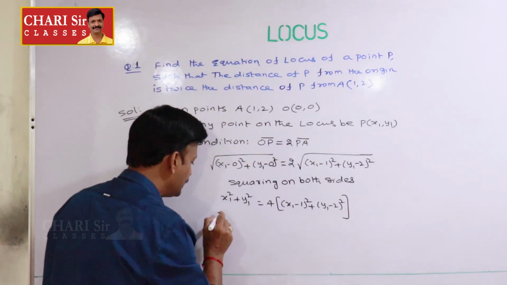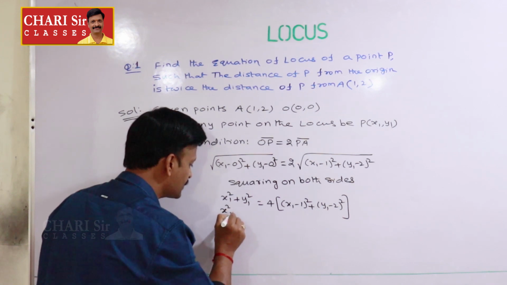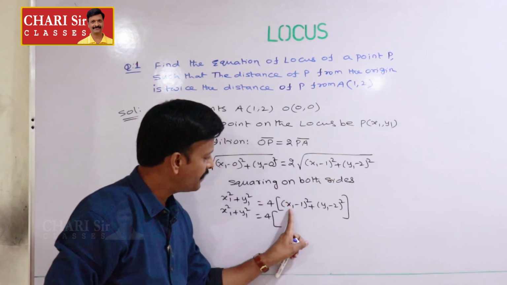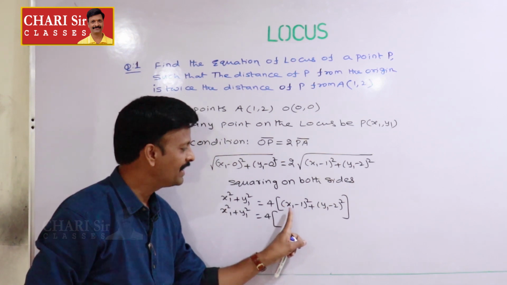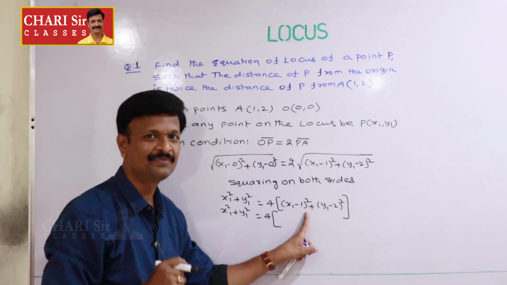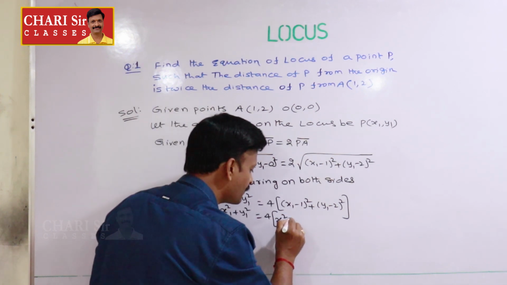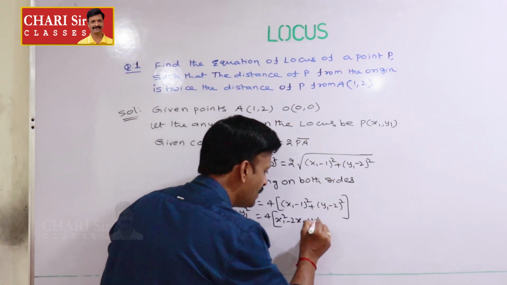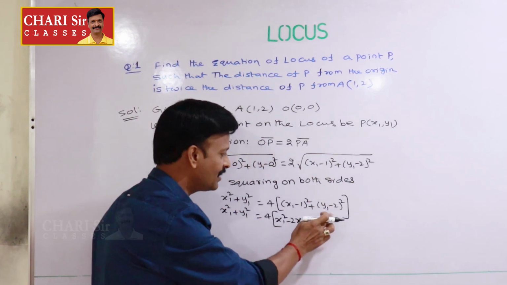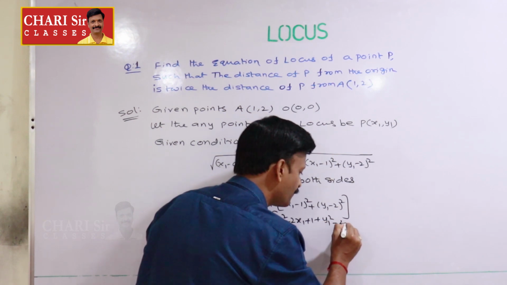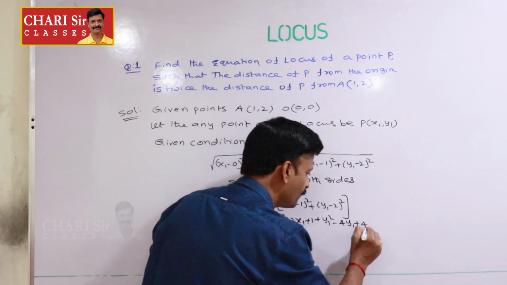Now you can write the left hand side as it is, x1 square plus y1 square, and here 4 into (x1 minus 1) whole square. This is in the form of (a minus b) whole square, so we take the expansion: x1 square minus 2x1 plus 1, plus (y1 minus 2) whole square, which is also in the form of (a minus b) whole square: y1 square minus 4y1 plus 4.